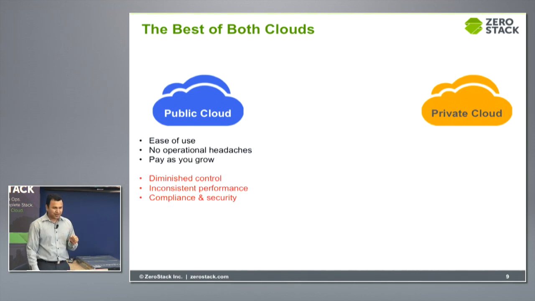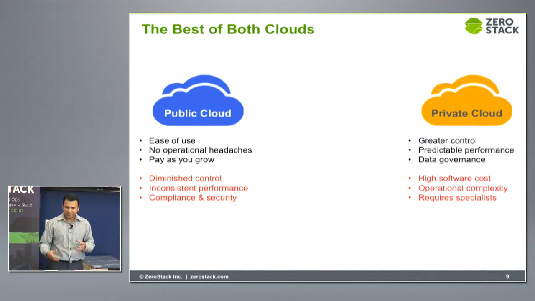In case of public cloud, everybody loves the ease of use of public cloud, the scale on demand of public cloud, but they worry about the lack of predictability in performance, cost, security, and other factors. In case of private cloud, you get all of those factors, but now you have to deal with all the infrastructure decisions, you have to deal with complex software integration, you need a team of experts.